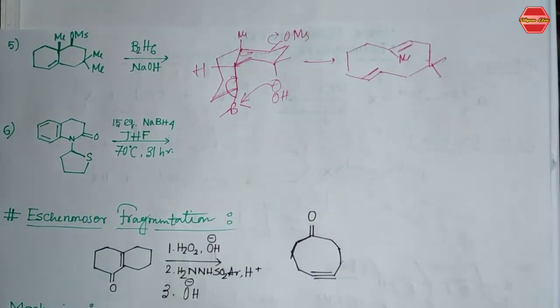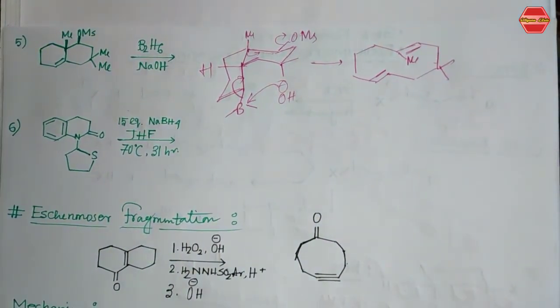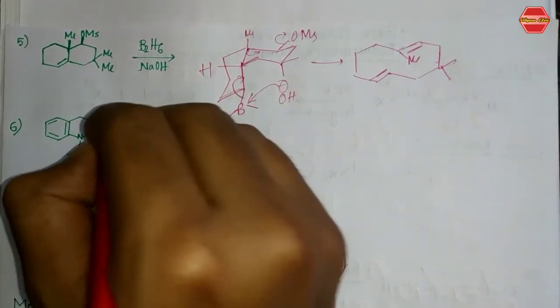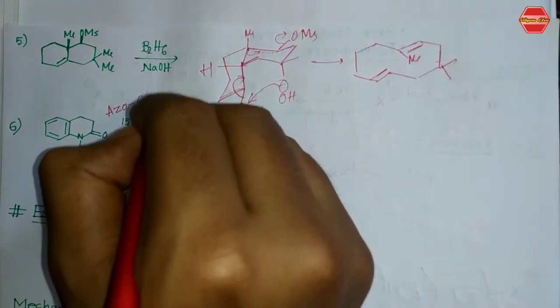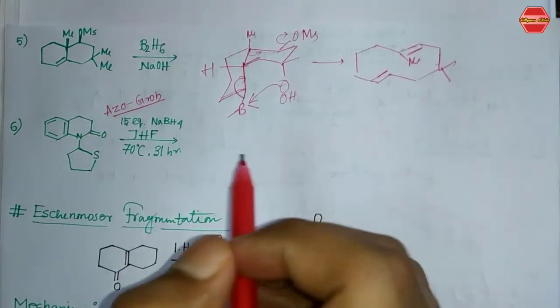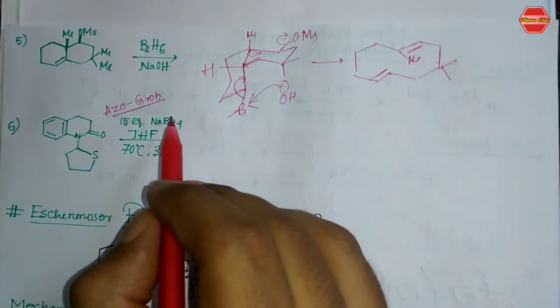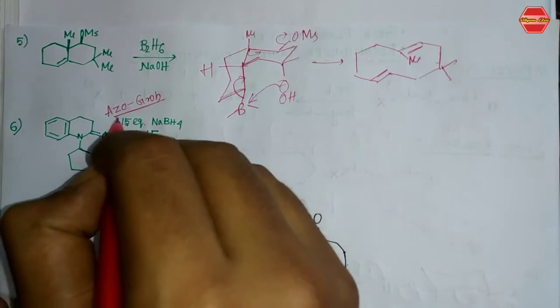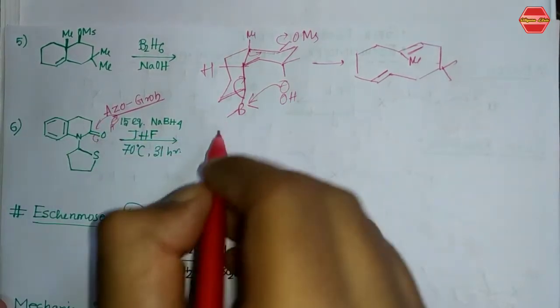Now the next question is basically the Aza-Grob fragmentation. Now this sixth question is basically the Aza-Grob fragmentation, how this reaction takes place. See, now when we are using sodium borohydride, this H minus directly attacks over here, and it will go like this.